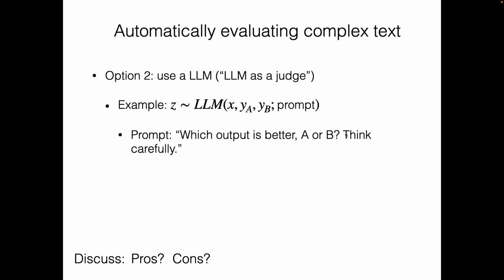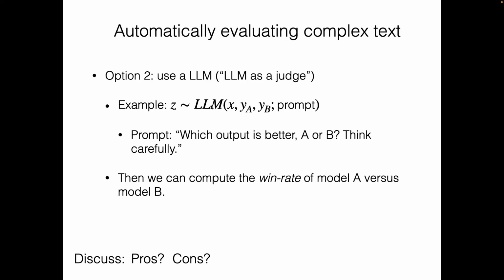Like I said, I'm not going to be able to go into the different variations on this, but at a high level, this is what you're doing. Then you can get some decision from the model, and the decision could be A is better than B or B is better than A. Or you could have it output a numerical score. Maybe you could run one at a time, and then you could decide, okay, this model is better than the other.